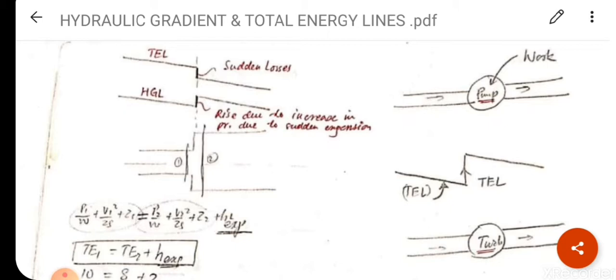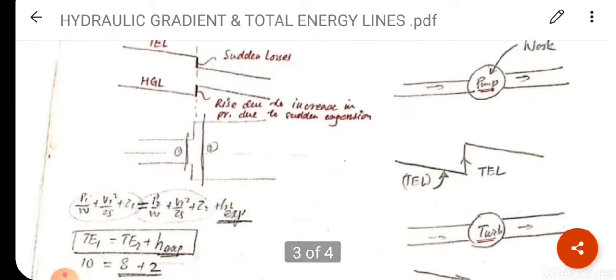Considering here, this is the case of TEL. For example, total energy value is 10, total energy value at point 2 is 8, head loss due to expansion. Clear? That is 2. So 2 units it is moving in downward direction. Clear? Now we will discuss HGL.